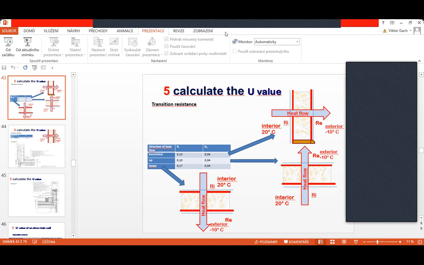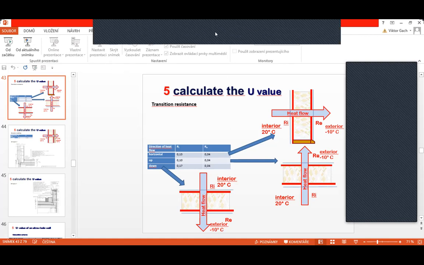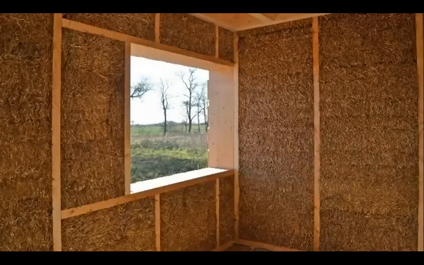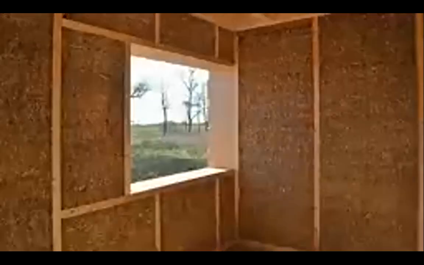So if I have our calculation of our wall again, when I stop sharing this and start my whiteboard, I hope it is still here.